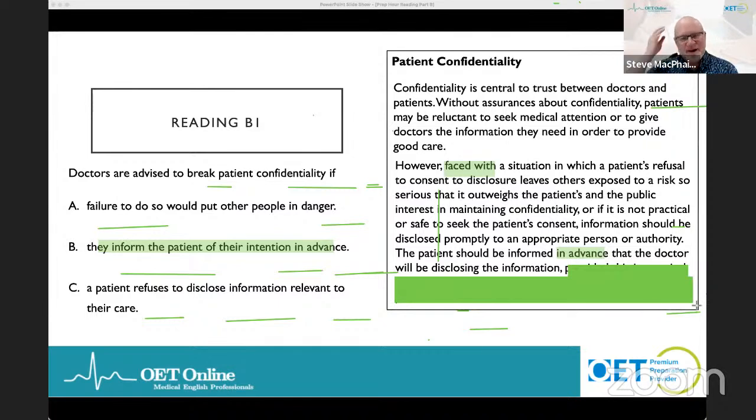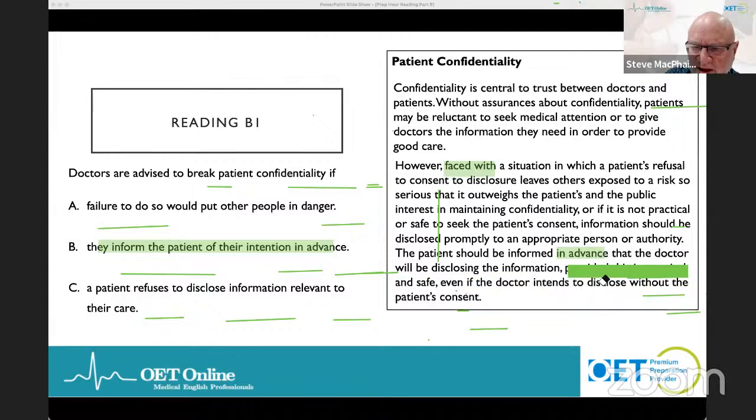Half the sentence matches: should be informed, right? But the question says they're advised to break confidentiality. It's not really about the patient being informed in advance that they'll be disclosing. It doesn't quite match the sentence, but it also says here, providing this is practical and safe.